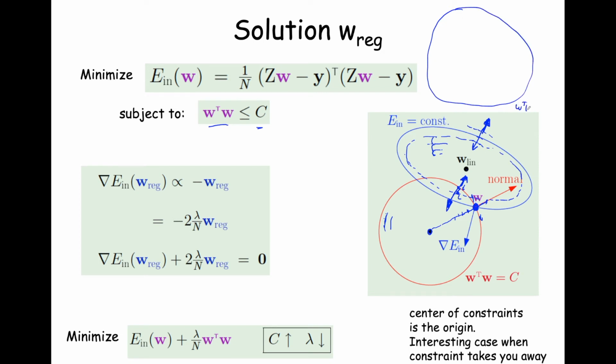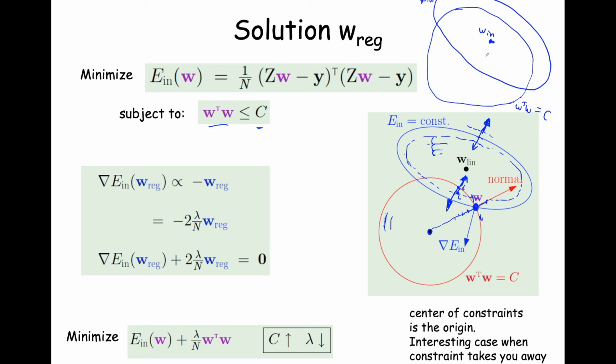W transpose W is equal to C. And let's say my constraint was really huge, and then my in-sample error, let's assume the W-Lin solution for E_in equals constant, and let's say that W-Lin solution was inside of the constraint, right? So this is my constraint, W transpose W equals constant, and let's say my W-Lin was right here.